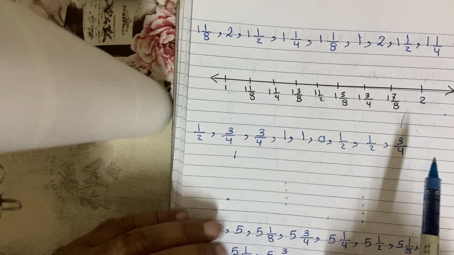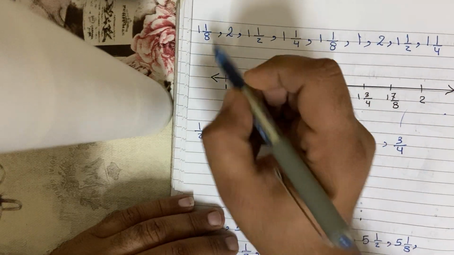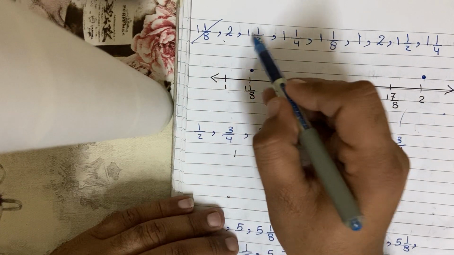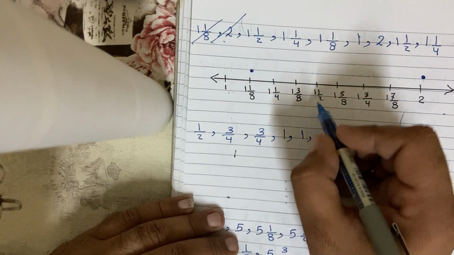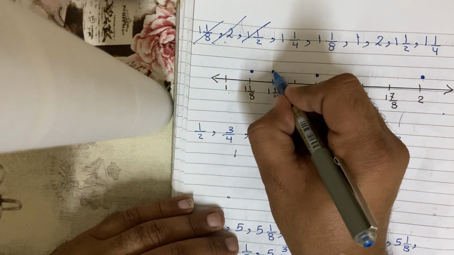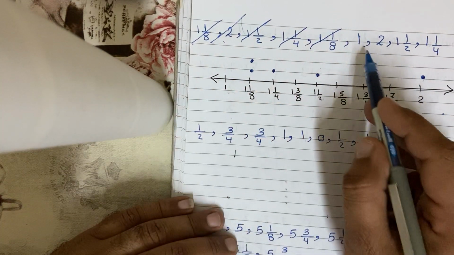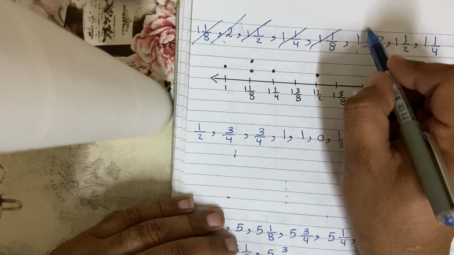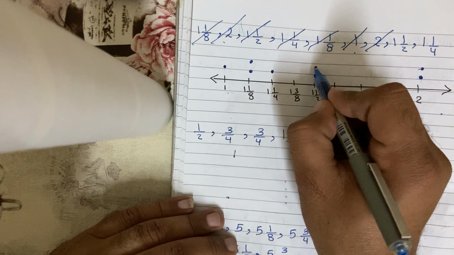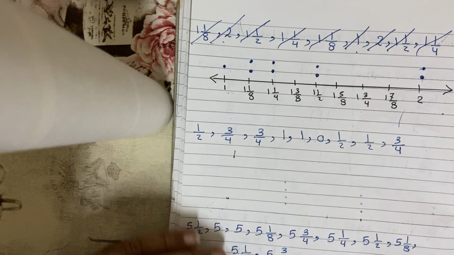We are just going to put the points. 1 and 1/8 here, just 1 dot. 2, we have already 2 here, put 1 dot for 2. 1.5 here exactly, put 1 point. 1.25 here, put 1 point. 1 and 1/8 here, put 1 point. 1 here, 2 here, 1.5 here, 1.25 here. So we finished the line plot.